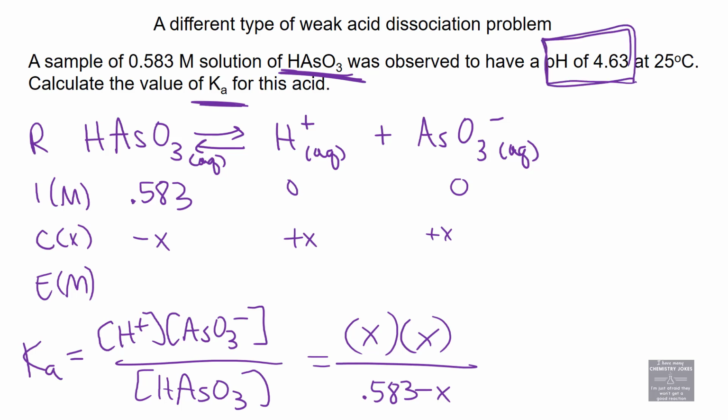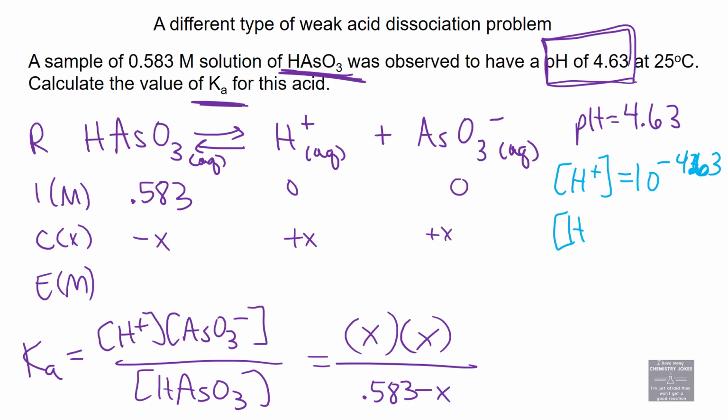This is helpful. If the pH equals 4.63, I can actually find my H+ concentration knowing the pH. H+ equals 10 to the negative 4.63. That gives me an H+ value of 2.34 times 10 to the negative 5 molar.